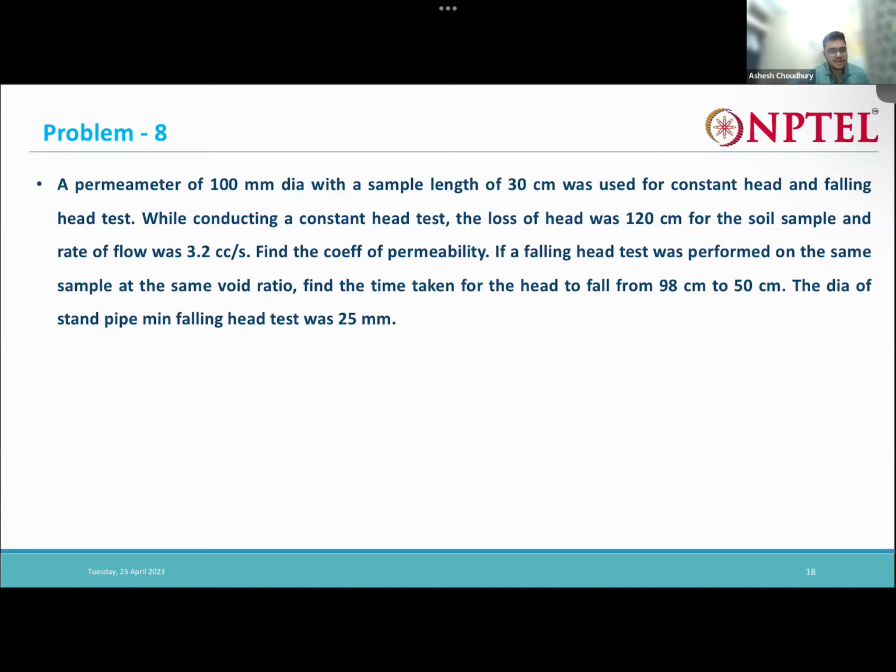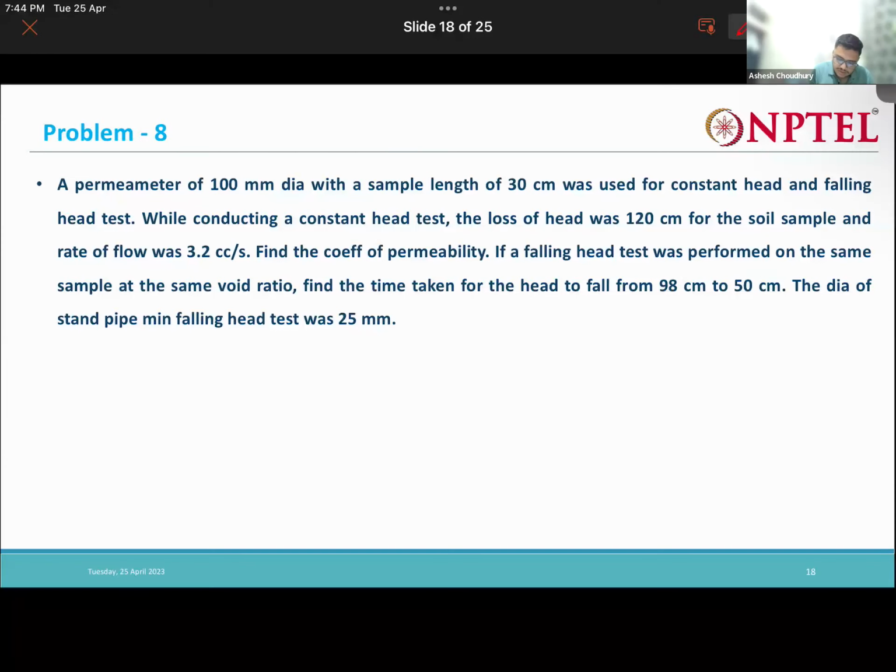Find the time taken for the head to fall from 98 to 50 centimeter. The diameter of the standpipe was 20. So two tests were done on the same soil sample, and using the data from the first test we will determine our answer. First, let us do the constant head test.